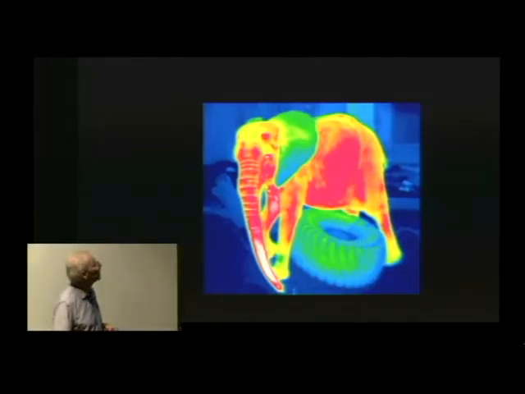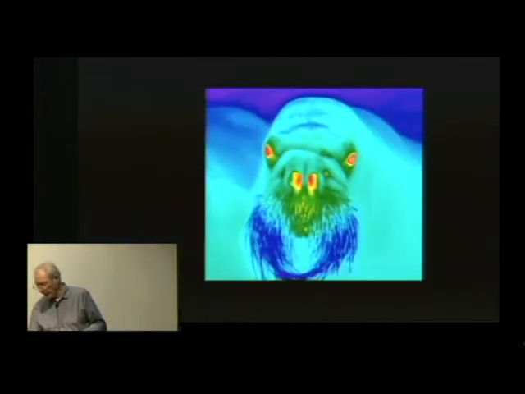Okay? If we look at this guy, he's got the opposite problem. Right? And you can see the only kind of cool bit on this guy is the ear, and that's doing all the work of cooling the blood. Right? And the same with these guys. Okay? You can see those are the only hot spots.